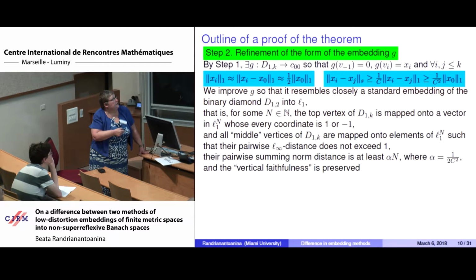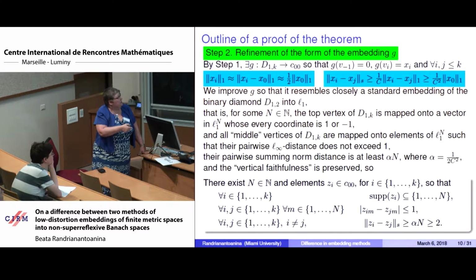And the vertices in the middle, the metric midpoints, they are mapped onto elements whose coordinate is always in modulus between 0 and 1, and its sign agrees with the coordinate of the top vertex on that coordinate. So what we achieve, and it's really a very simple computation, I am not going to show too much detail about this.